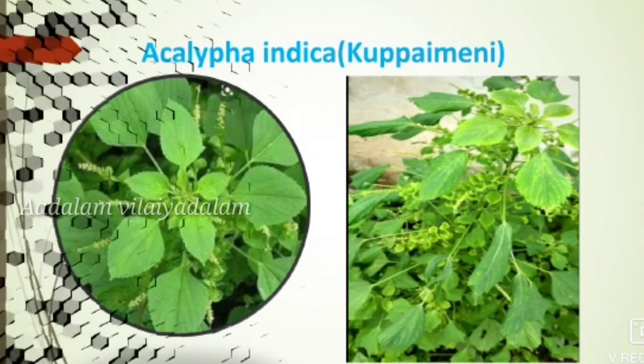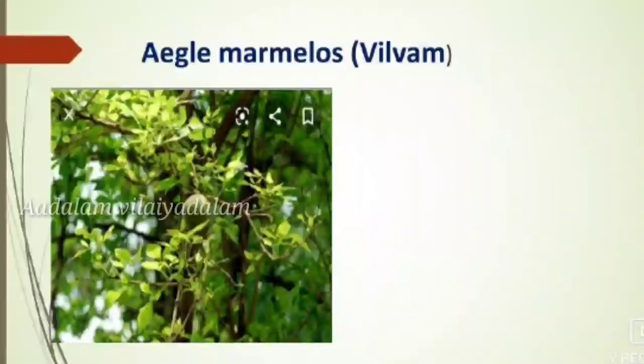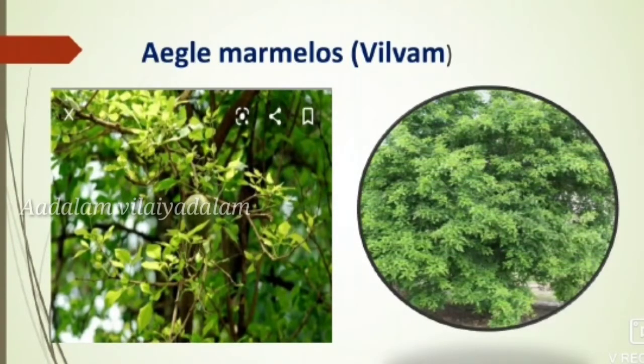The second one is Aegle marmelos, commonly named Vilvam. It belongs to the Rutaceae family, and the unripe fruit of this tree is used to treat indigestion and cure diarrhea and dysentery.